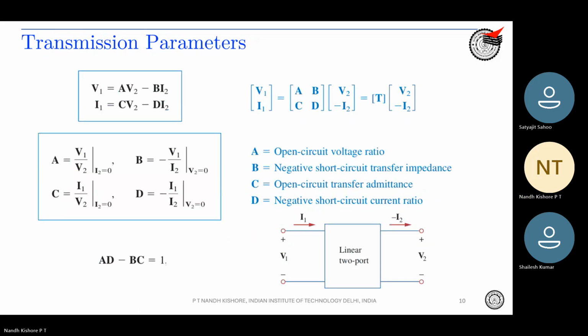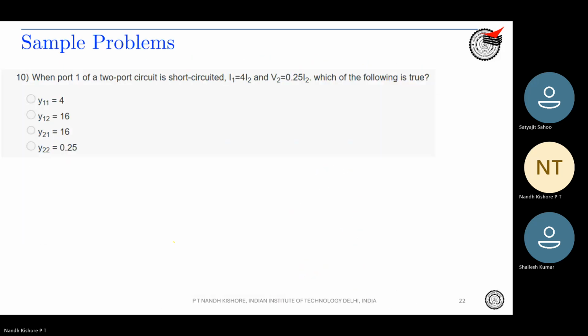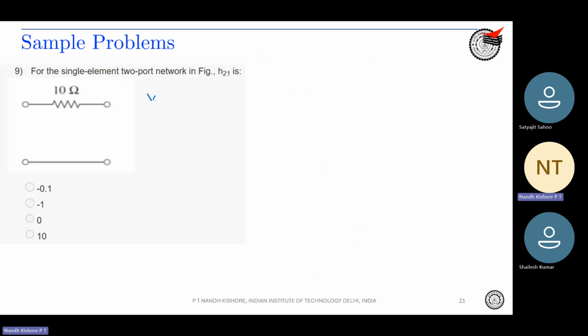So V1, I2 is equal to the matrix H11, H12, H21, H22 into I1, V2. Correct? This is the H parameter.